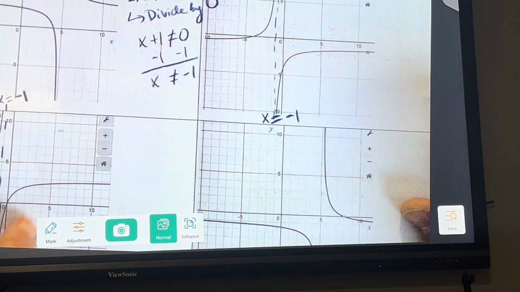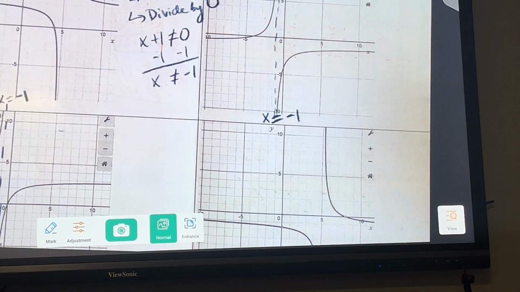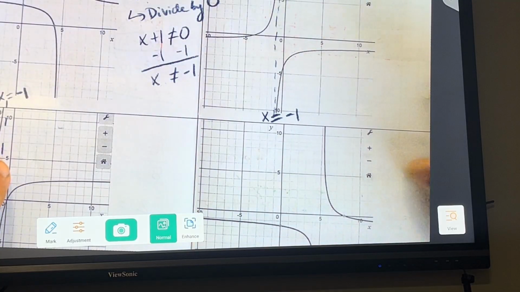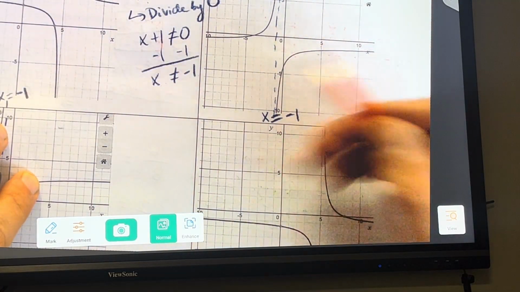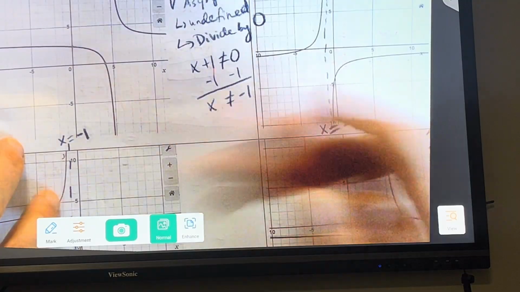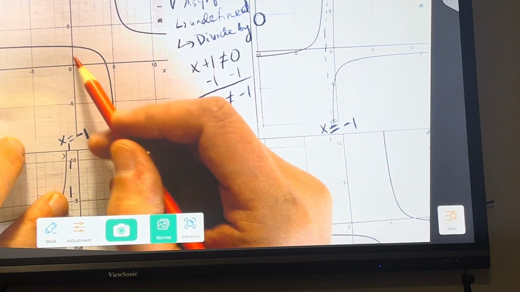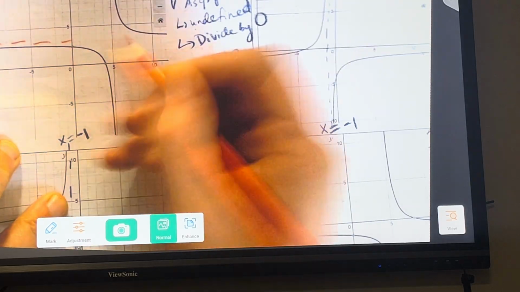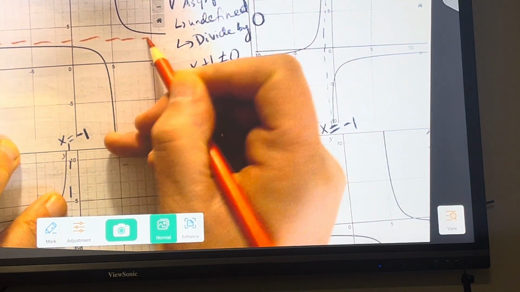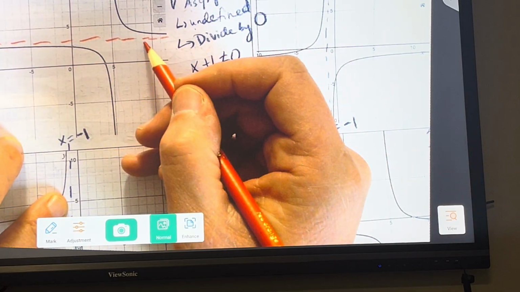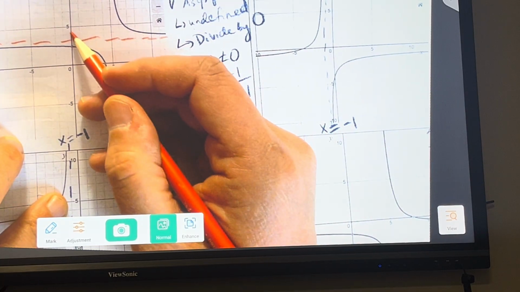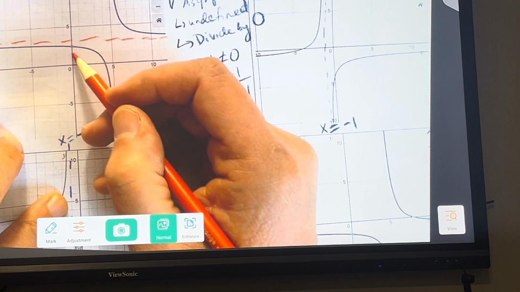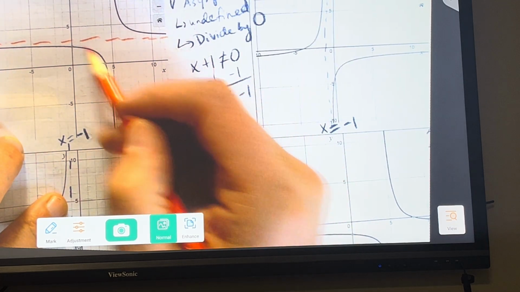Okay. So now we need to think about the end behavior of the function, or horizontal asymptote. Okay, so where does this graph flatten out? What is the line that can't be touched? Here, this is y equal 5, y equal 4, y equal 1, y equal 2. At y equal 3, it's never touched.